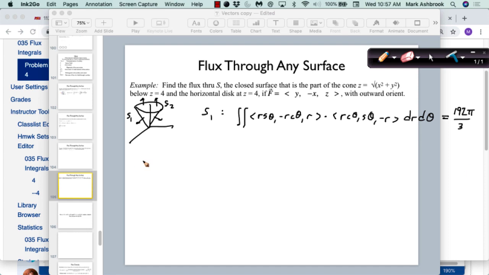Okay, so then S2. S2 is the disk at z equals 4. First we need to parameterize that. So for a disk at z equals 4, what will my 2 parameters be to get every point on that disk?